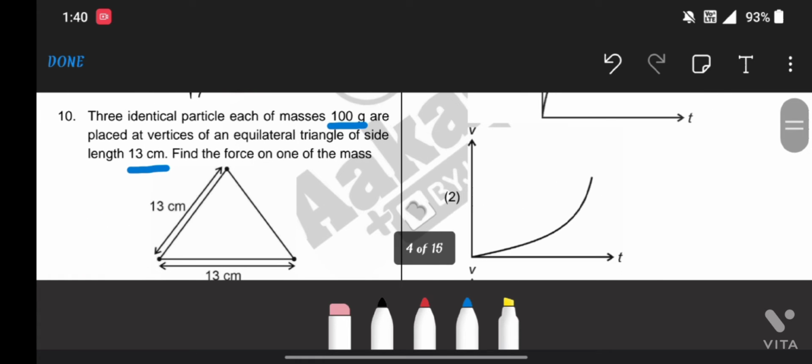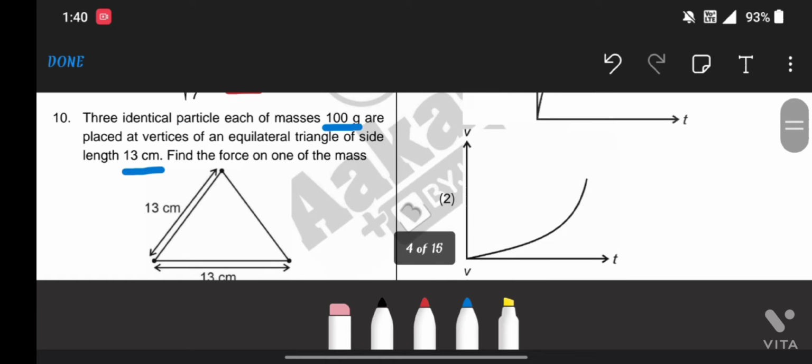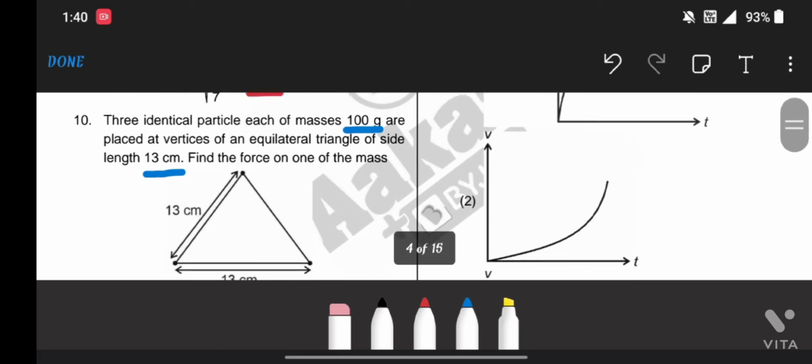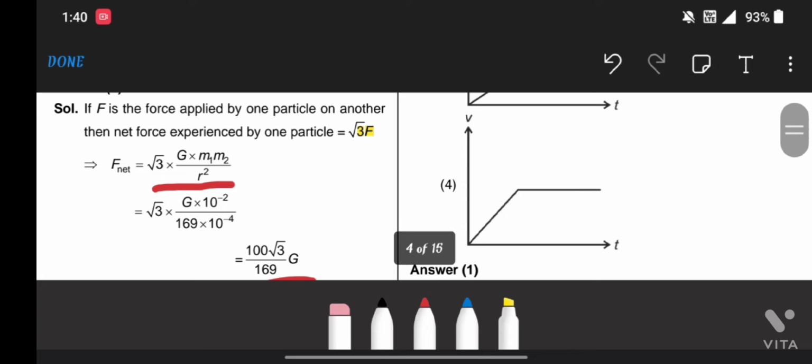In second one they have given that voltage is also going to increase, right? In third one they have given voltage and time increasing in a straight line. In fourth one they have given voltage and time are increasing to some extent and then it is neutral.